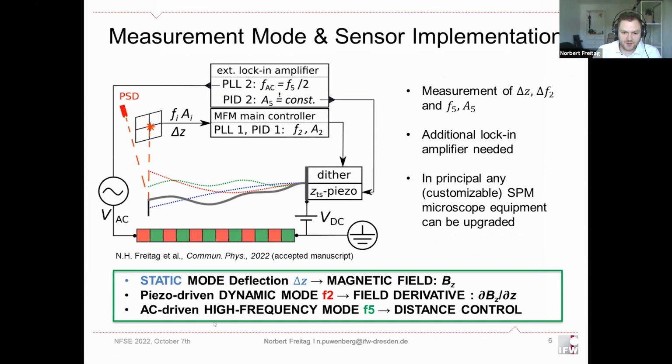Here we see the static mode is reserved for the magnetic field measurement, and the frequency shift of the second mode is reserved for the field derivative measurement. And the high frequency mode, the fifth oscillation mode, is reserved for the distance control. And the amplitude is kept constant by a tip sample distance control.